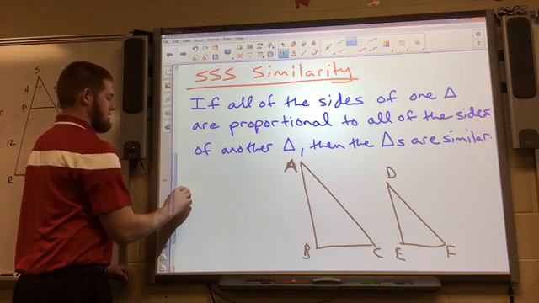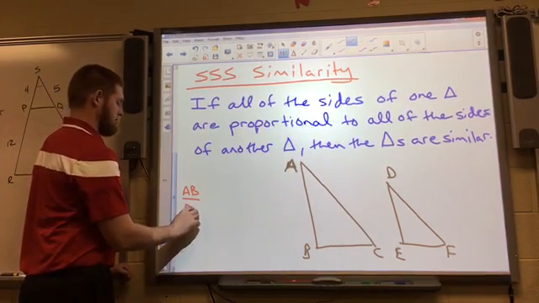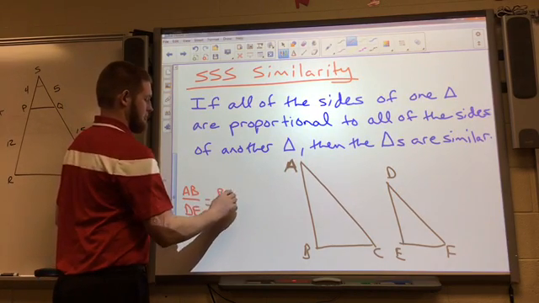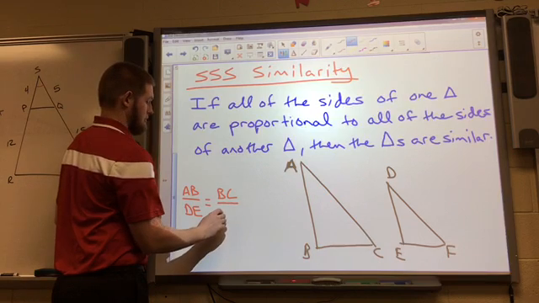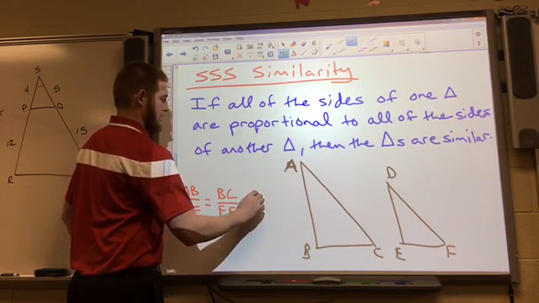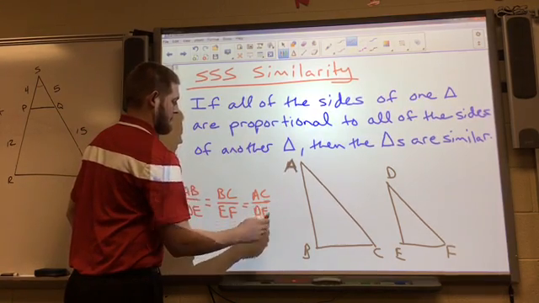What does segment AB go with? DE. So AB over DE must equal BC over EF, which must equal AC over DF.